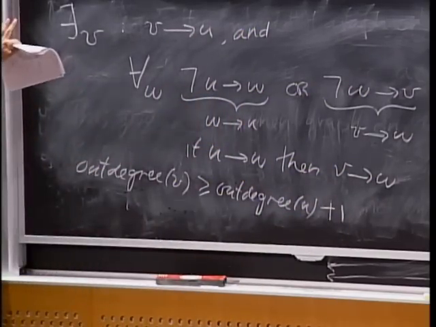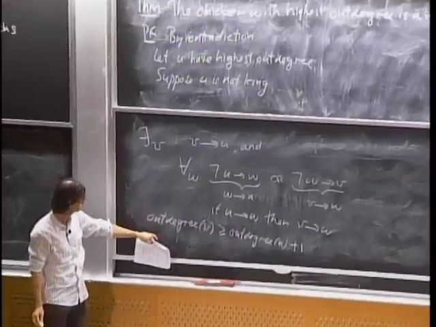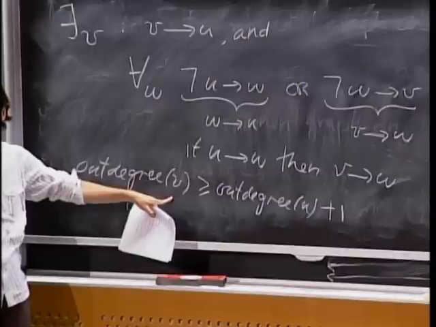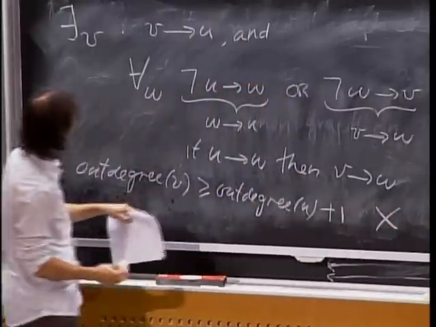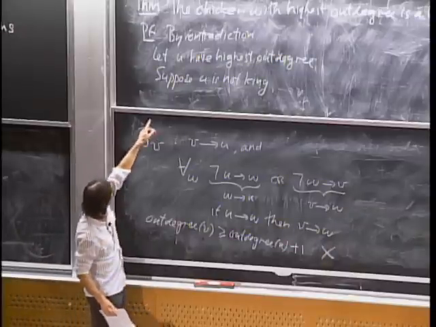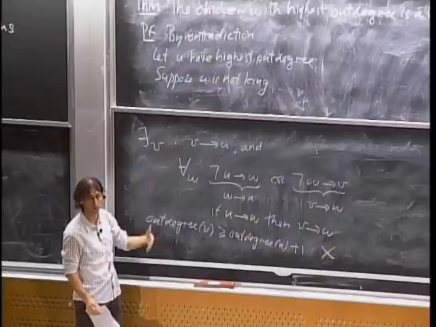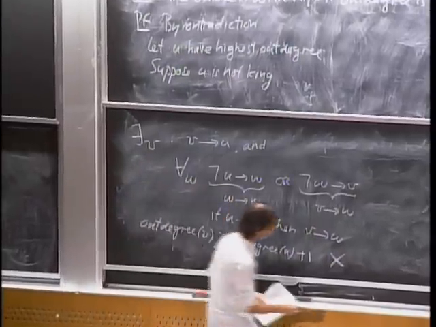But now we have a contradiction, because we said that U has the highest out degree, but it turns out that we have constructed one that has a higher out degree. So that's a contradiction. That means that our original assumption is actually wrong. So suppose that U is not king was a wrong assumption, and U must be king. So that's the end of this proof.